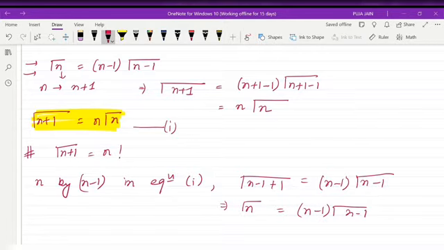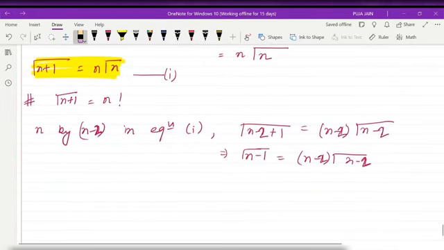Here we replace n by n minus 2, so we get n minus 2 plus 1, n minus 2 gamma n minus 2. So we get gamma n minus 1 equals n minus 2 gamma n minus 2.